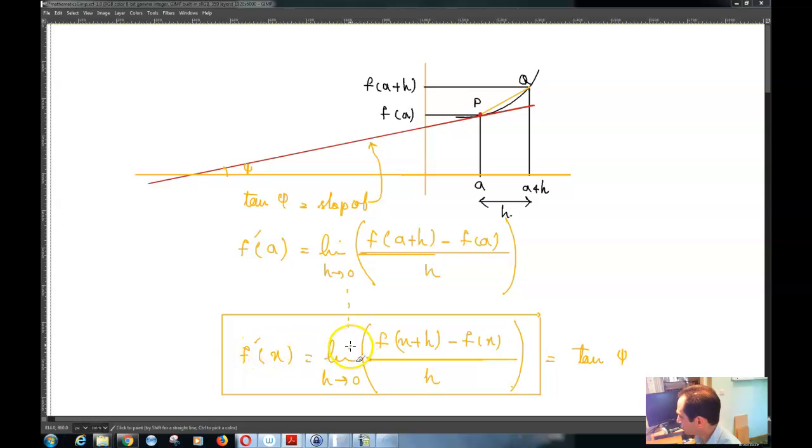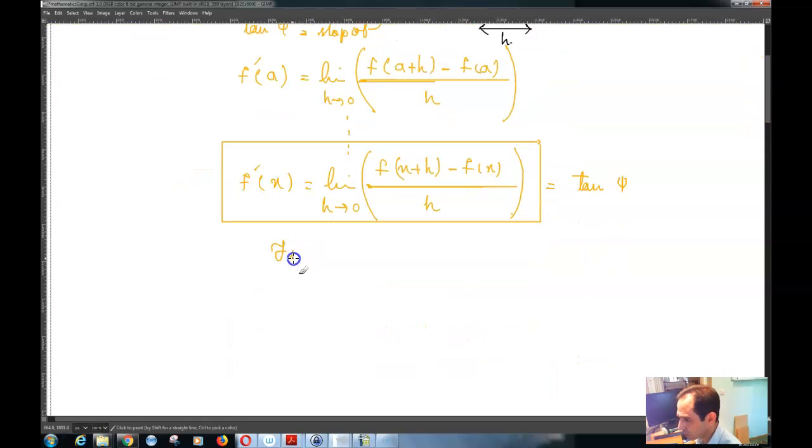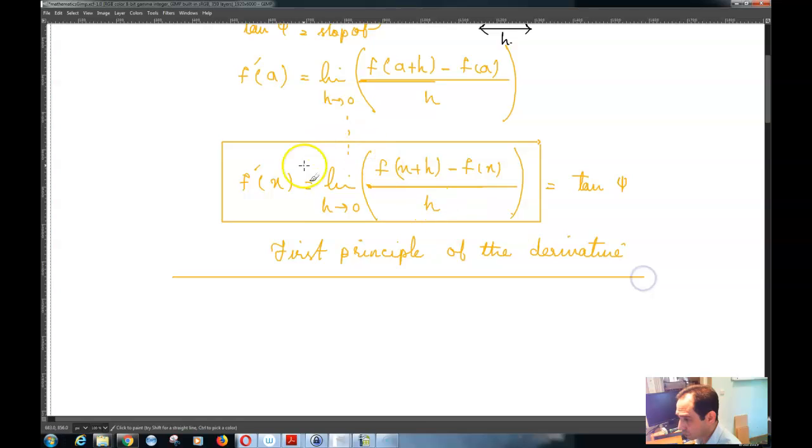This definition of derivative is also called the first principle of the derivative. So now we are going to use this first principle of the derivative to find the derivative of a couple of functions.